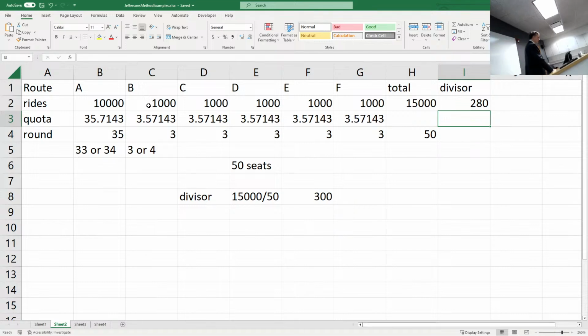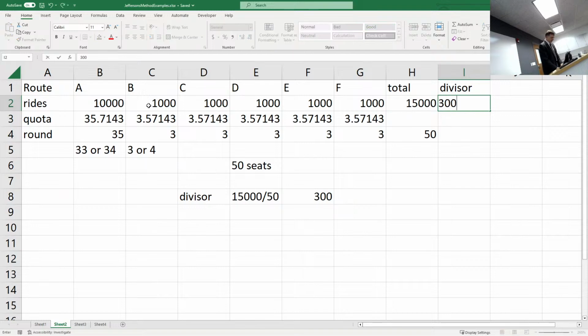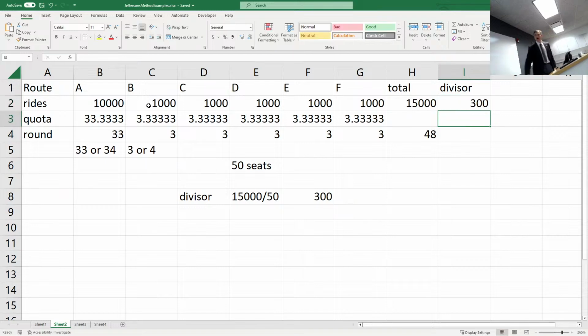You might have to go back in your work and see, well, with the standard divisor, this state has a standard quota of 33.3, which means they should either get 33 or 34. And in fact, they end up with 35 seats.